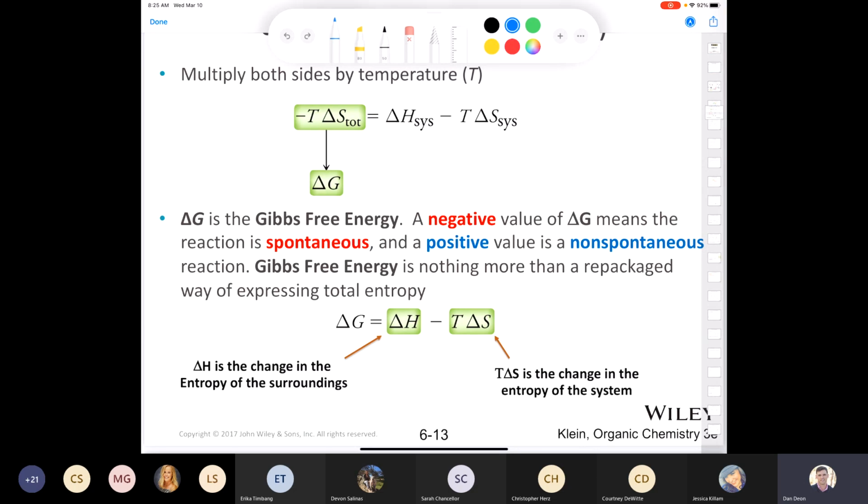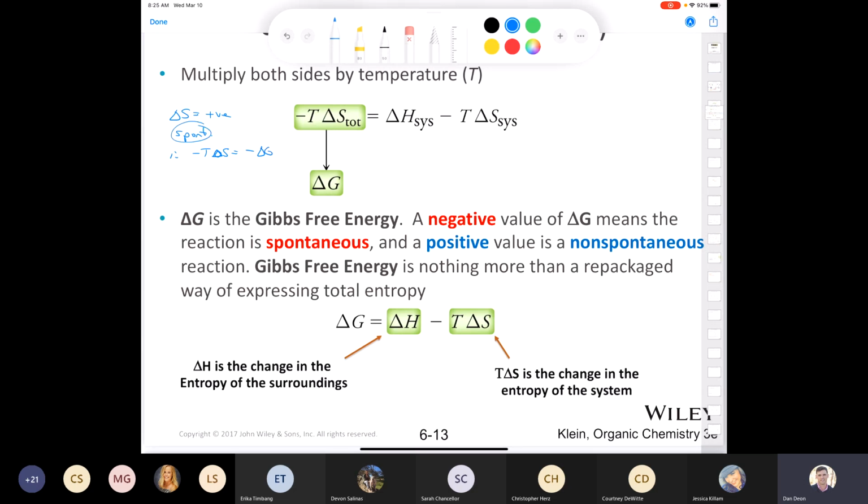Now, if you think about it, when delta S was positive, that was a spontaneous reaction. Well, if we're multiplying delta S by negative T, that means that a negative delta G means the reaction is going to be spontaneous, right? Therefore, negative T times delta S is going to be equal to negative delta G, which is also going to be spontaneous.